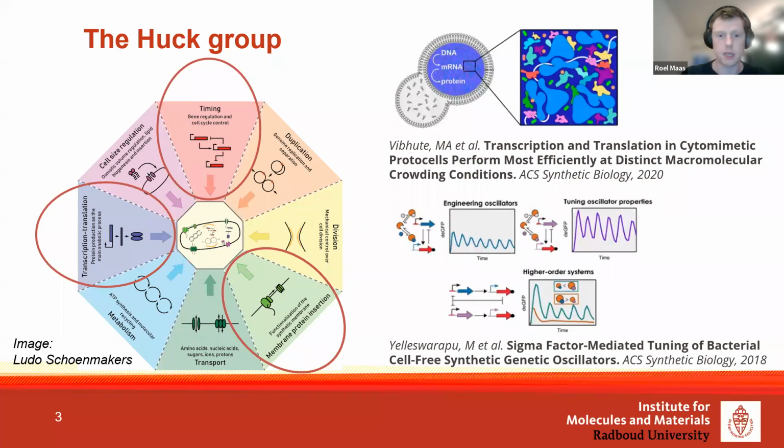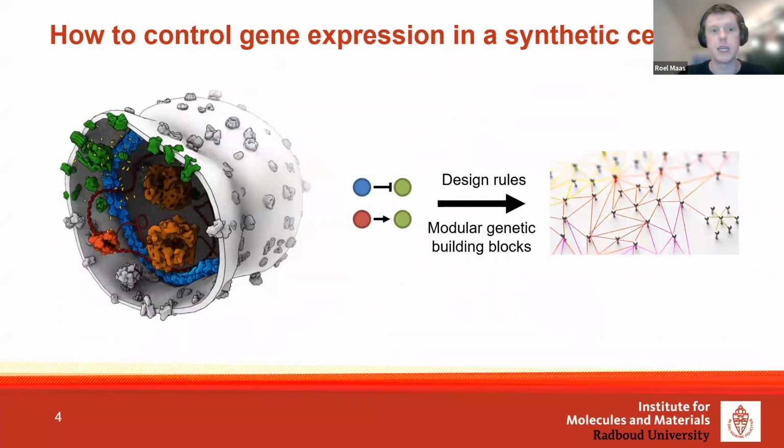So like I said, I've been mainly involved in my research around the question of how to control gene expression in a synthetic cell. We have all of the different modules, and we need to time the expression of all the proteins in the synthetic cell during the entire cell cycle, basically.